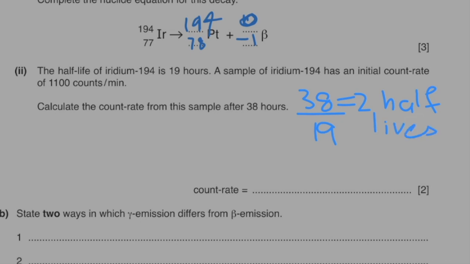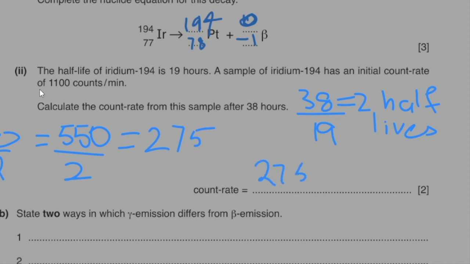This means 1100 counts is reduced by half twice. 1100 divided by 2 is equal to 550, so one half-life has passed. The second one again reduces it by 2, which leaves 275 counts per minute.